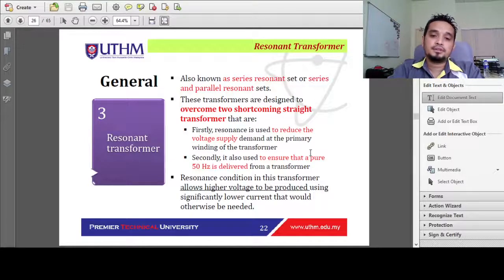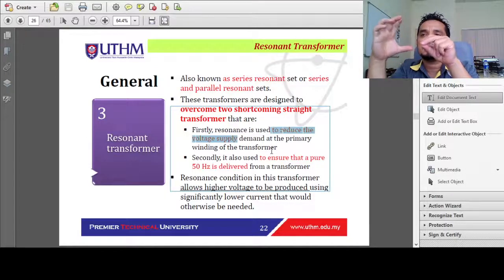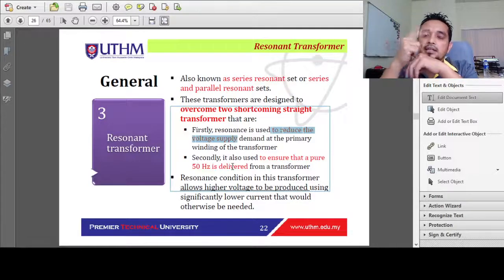In this case, first, we want to reduce the voltage supply. Since resonance will amplify or magnify the output voltage, we just need a little voltage input to obtain a certain voltage output. So we can actually reduce the voltage supply. That is the advantage of using the resonant transformer. The second one is the issue previously mentioned: it will put stress on the fundamental frequency.